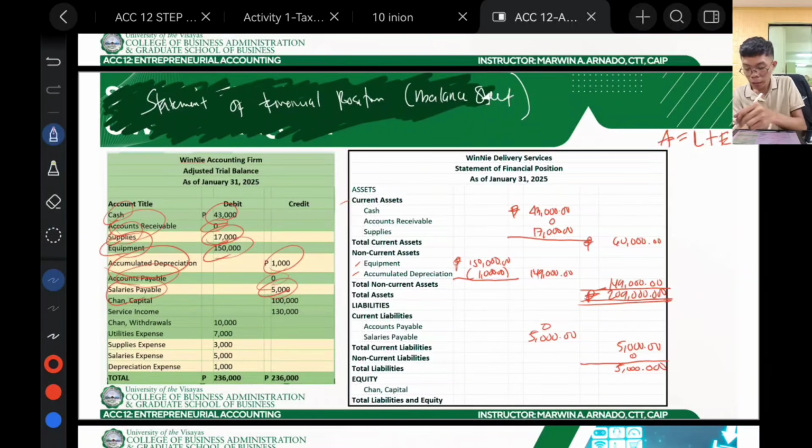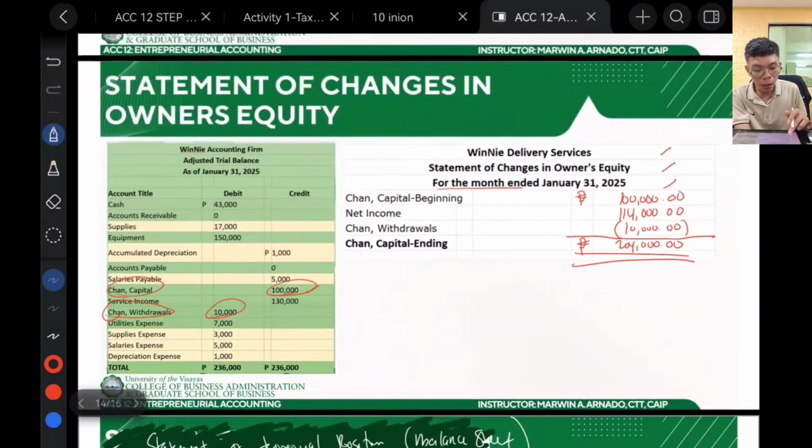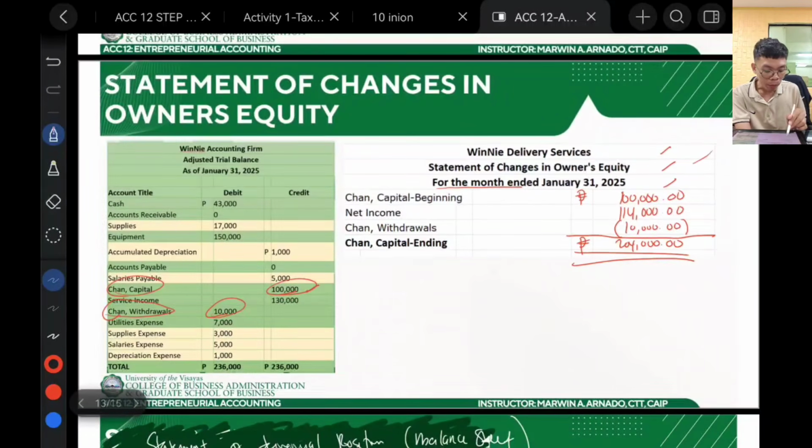The next one we have is our equity. For our equity, we have the Chan capital. Here, we are not going to use the Chan capital in the adjusted trial balance. As I said earlier, we will be using the ending capital balance that we computed in our statement of owner's equity, the 204,000.